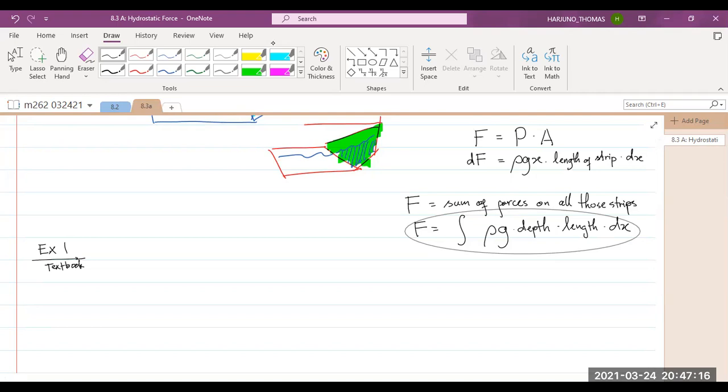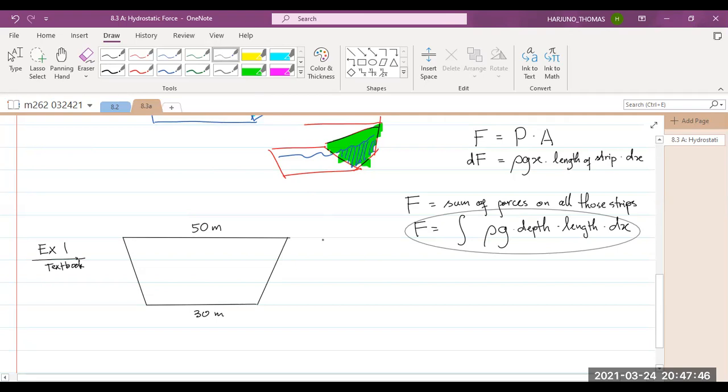Now we have this situation. We have a trapezoid-shaped wall. The top is 50 meters, and the bottom is 30 meters.